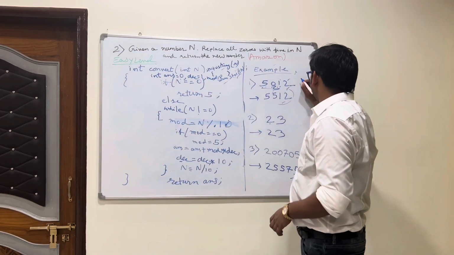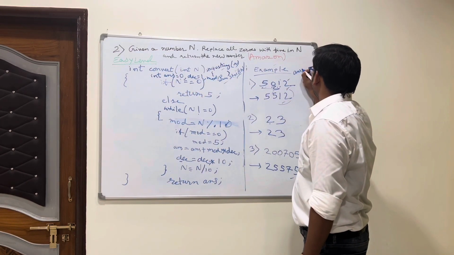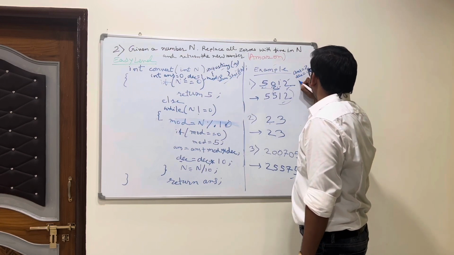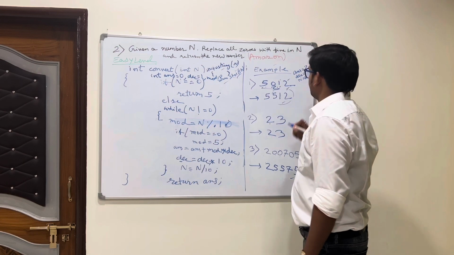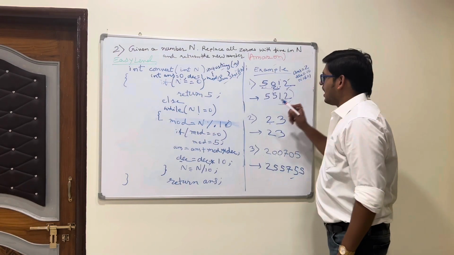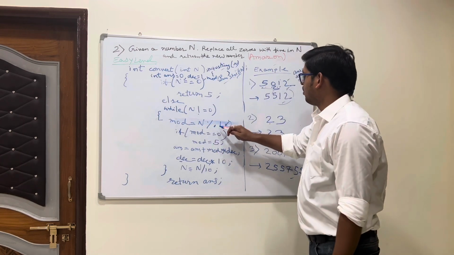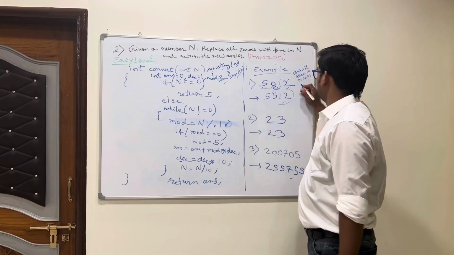So we have our answer as 2 right now. Our decimal is 10, and our n is 501. Okay. So now again, since 501 is not equal to 0, what we'll do? We'll do a mod of 501, and our mod will become 1.